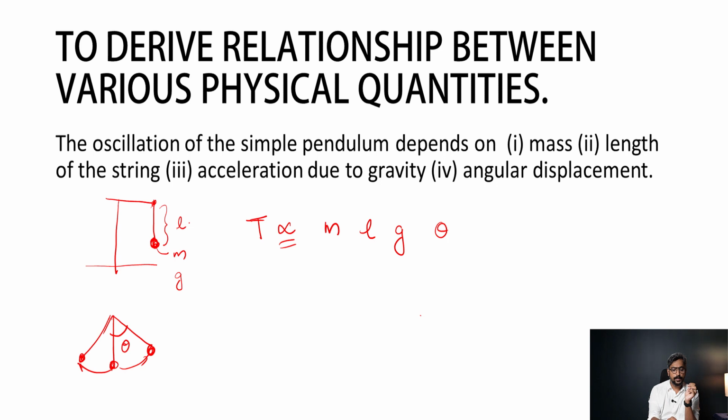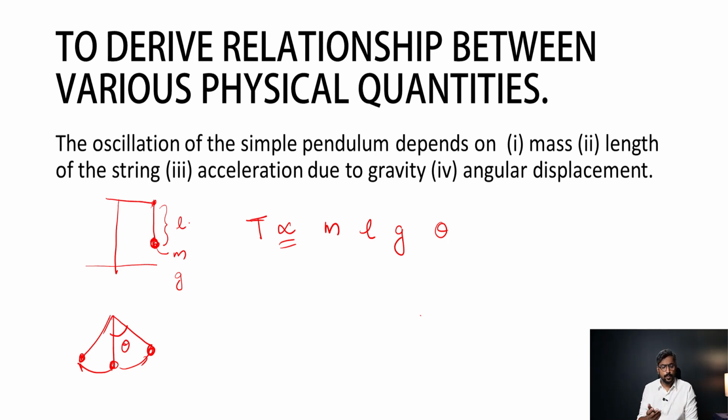So this is a simple pendulum, and this is a bob. It is oscillating, then definitely it oscillates like this, and then it will oscillate like this. So there will be an angle theta formed here. This is the angular displacement there.